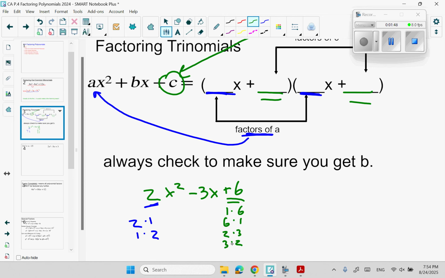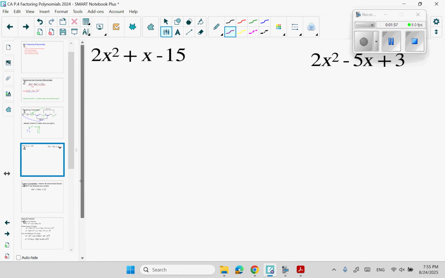Of course, we have to figure that stuff out and get creative, and we can typically use the b term to determine that. So let's try a couple. Here we have 2x squared plus x minus 15. Now, one common trick that I'm used to is I can multiply my first term and my last term together. So I get 2 times negative 15, and that's going to give me negative 30.